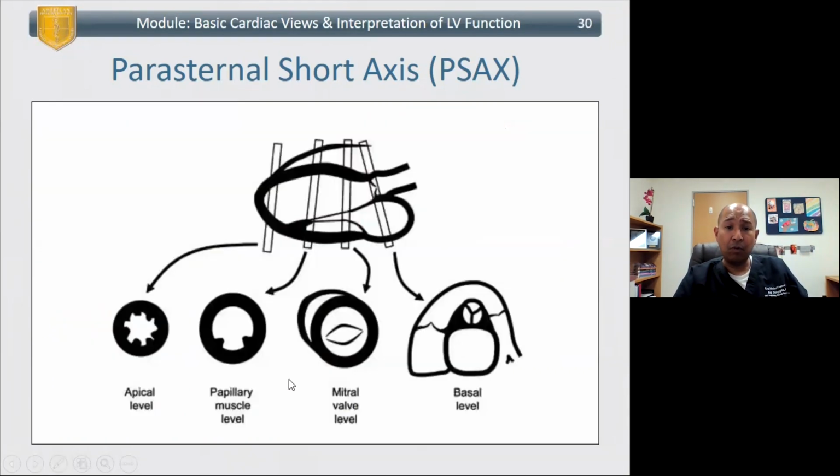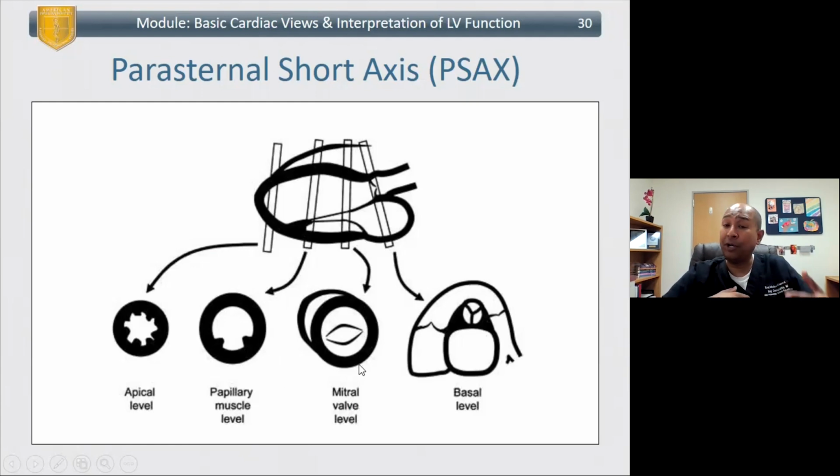And when we talk about the parasternal short axis view, whether you're tilting or fanning, you definitely want to start off at the apical level and work your way down to look at the mitral valve itself. So you'll see the apical level, then you'll see the papillary muscles, then you'll see the mitral valve.